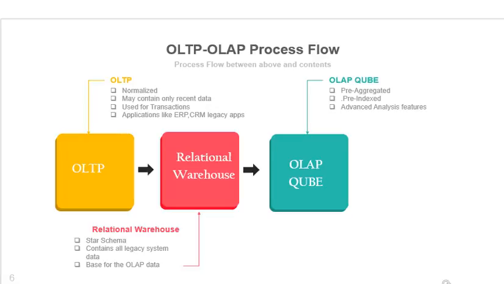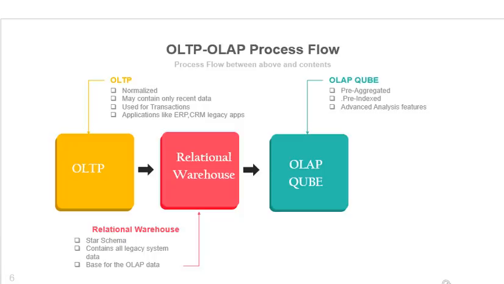This slide shows the data flow from OLTP systems to OLAP. There are various OLTP systems in the market, mainly ERP, CRM, and legacy systems, which are used to store transactional data. This data is highly normalized and contains the most recent data.